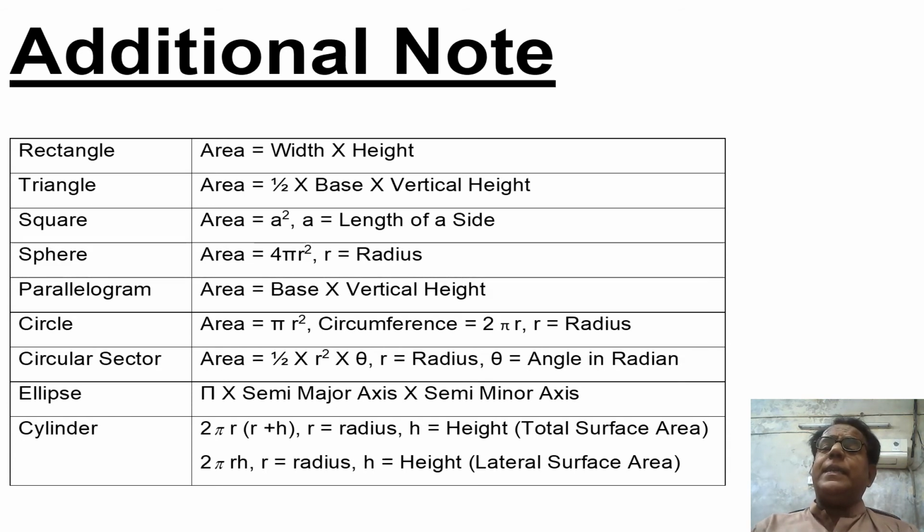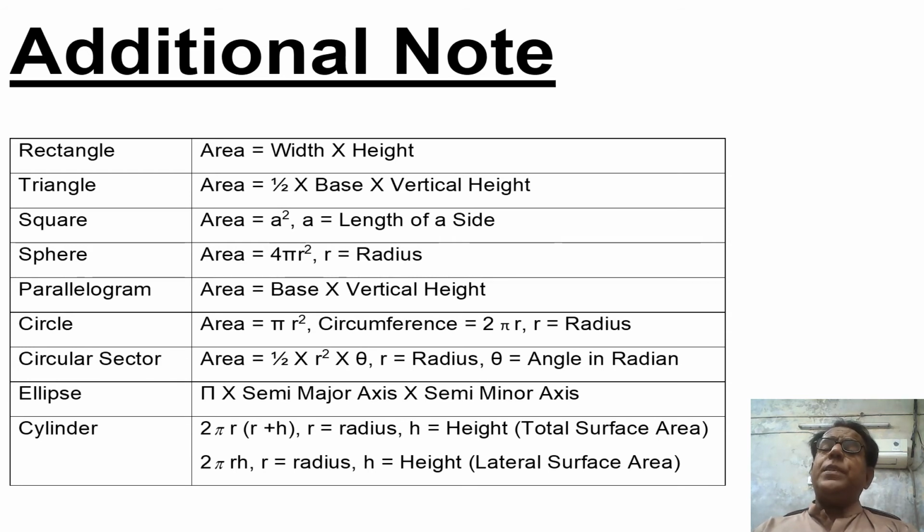Here pi is written in a slightly different style, while circumference is equal to 2 pi r. Here pi is written in a slightly different style. It does not matter. It does not make any difference. Dear students, the denotations or symbols for pi are more than one. There are several symbols for denoting pi, but these symbols are almost similar.